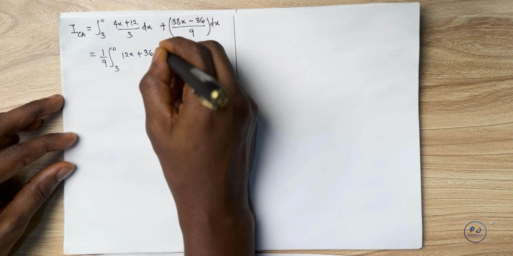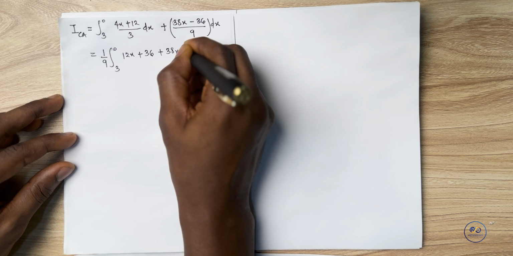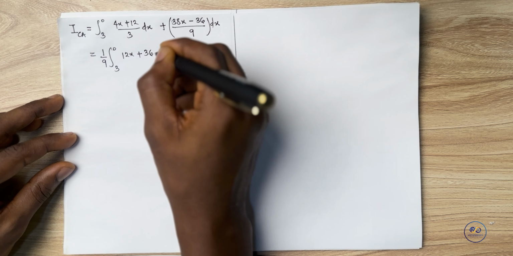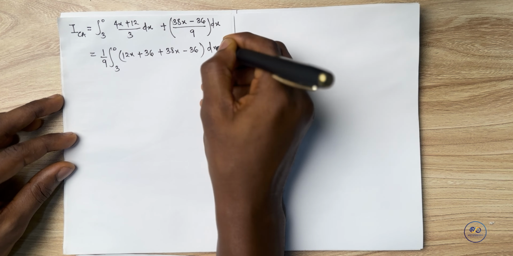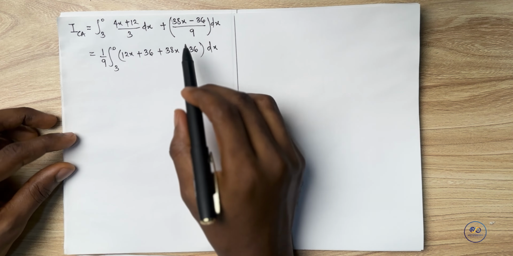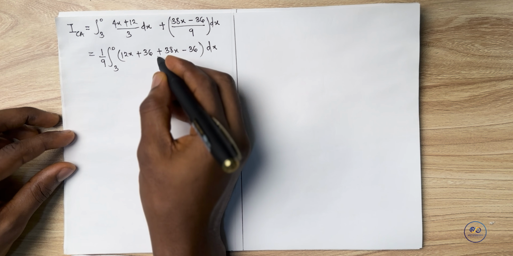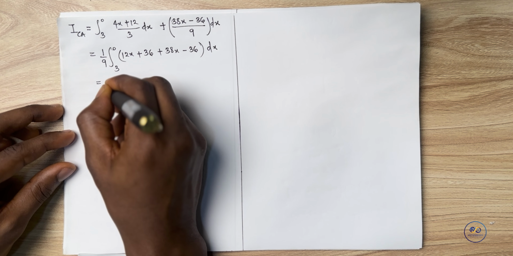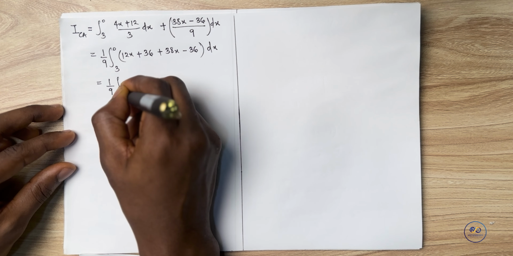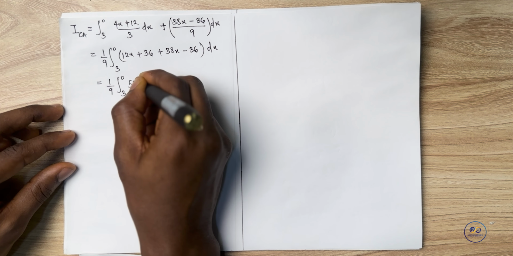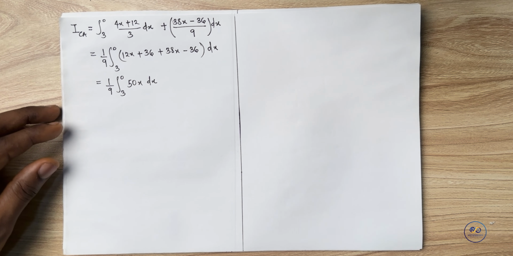And then on this side will remain plus 38x minus 36 dx. So what amazing thing happens? We see that the constant cancels out. So 36 minus 36 is 0. So we'll be left with 50x. So you have 1 over 9 integral from 3 to 0 of 50x dx. So all is well that ends well.